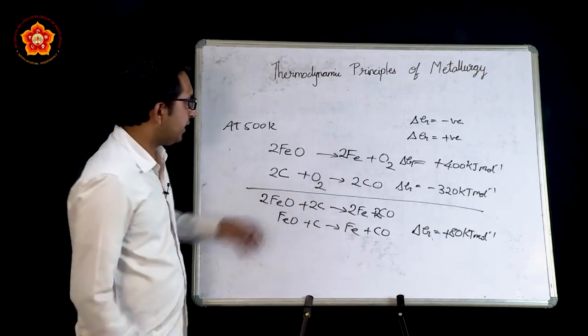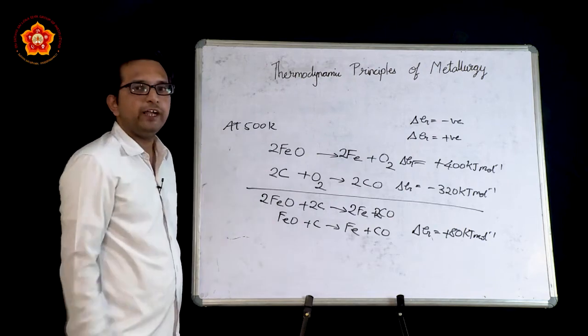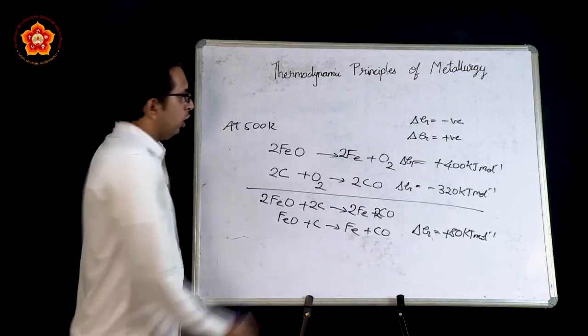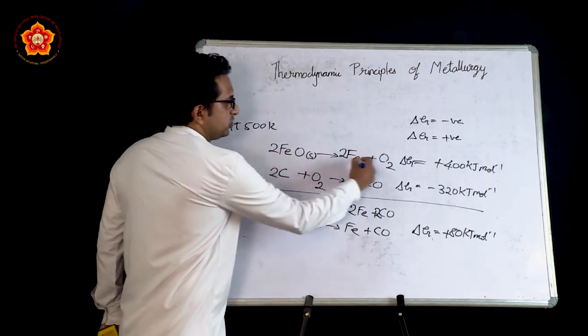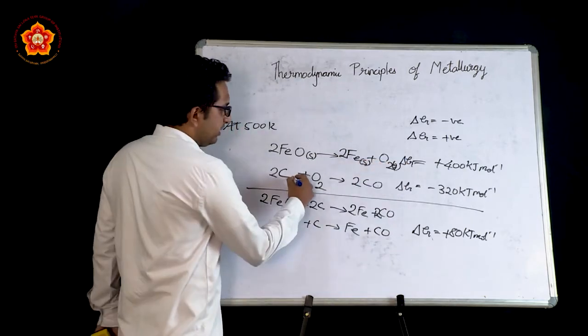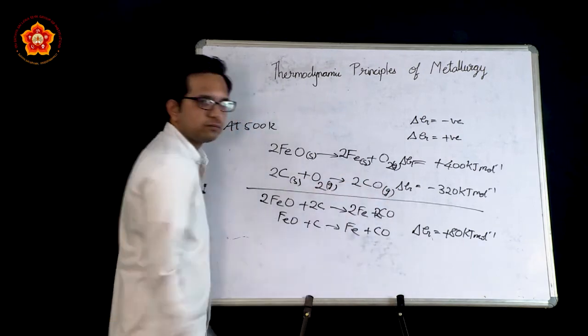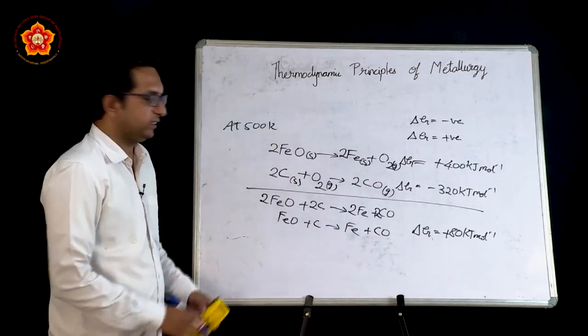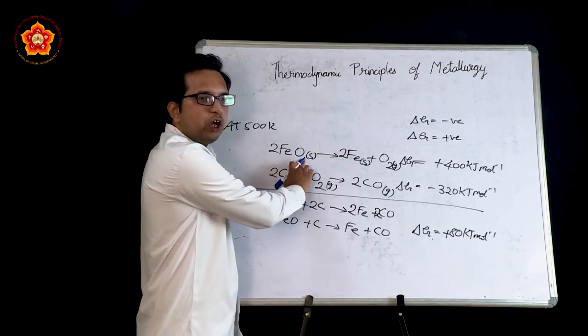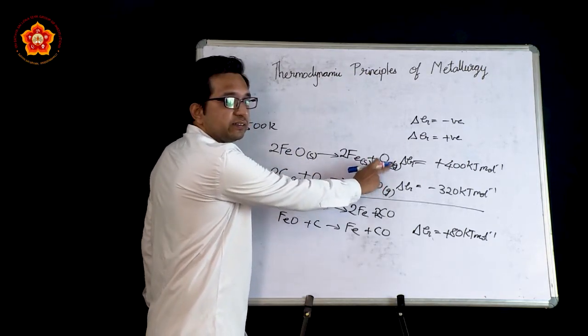Now remember that in all these phenomena, what is the question of entropy in these cases? This form is solid in nature, this is solid in nature, this is gaseous in nature. Similarly here, this is solid, this is gas, and this is gas. What we realize here is that there is only a solid form on the reactant side, whereas the product side has gas.